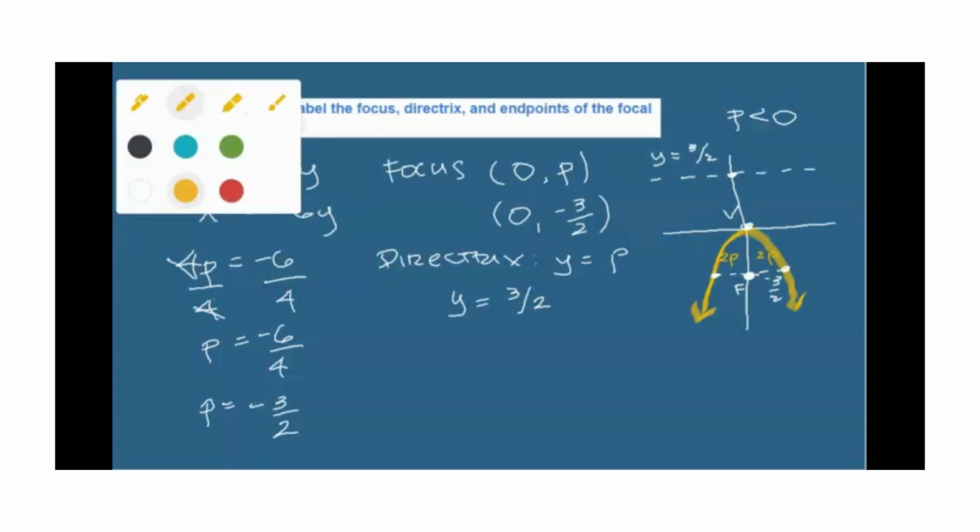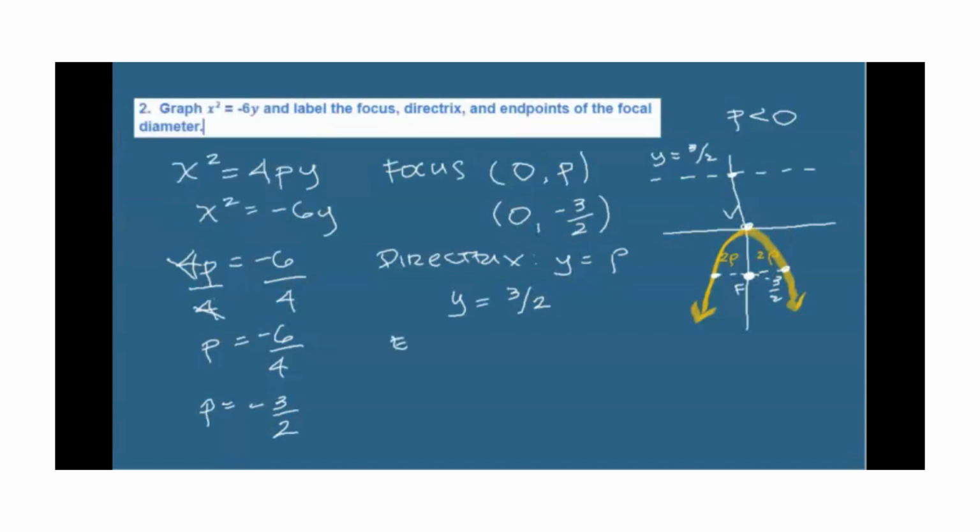So the endpoints of the focal diameter would be at plus or minus 2p and p.